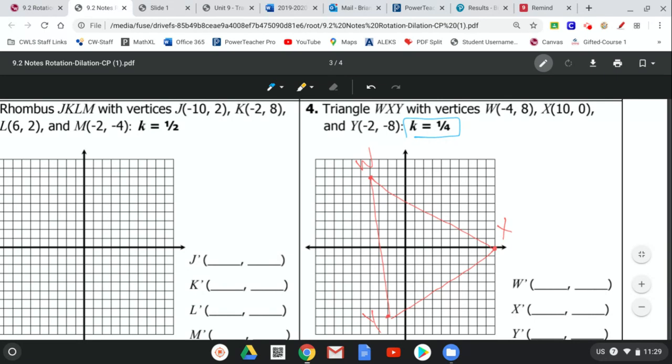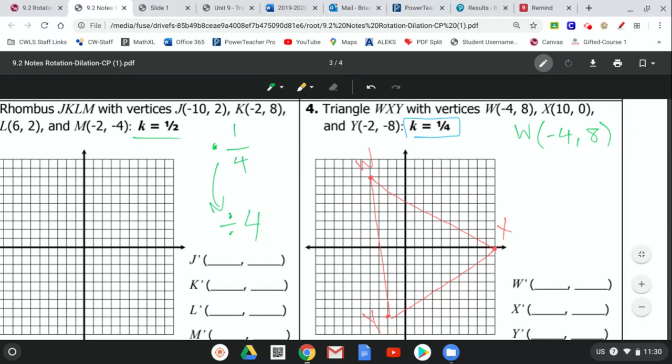Now we're going to take that first coordinate W. W is at (-4, 8). You can multiply by 1/4, but remember, multiplying by 1/4 is the same thing as dividing by 4, which is our denominator.